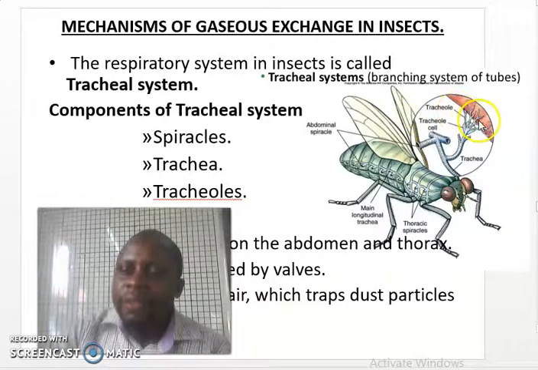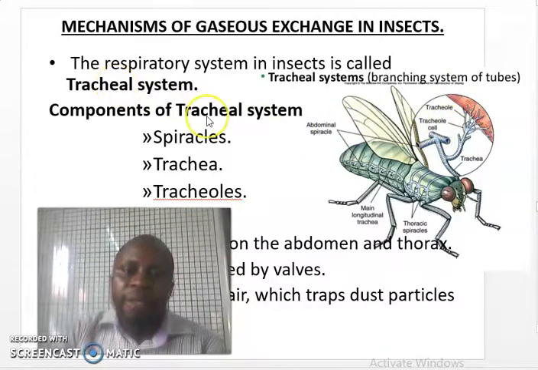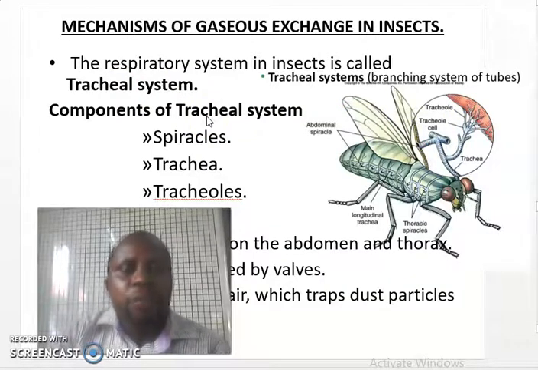These tracheoles supply oxygen directly into the tissues of the insect and remove carbon dioxide from the tissues. So the tracheal system is composed of the spiracles, the tracheae, and the tracheoles.